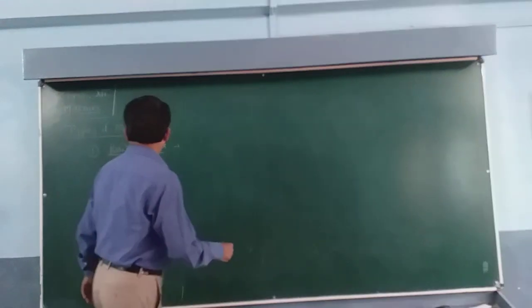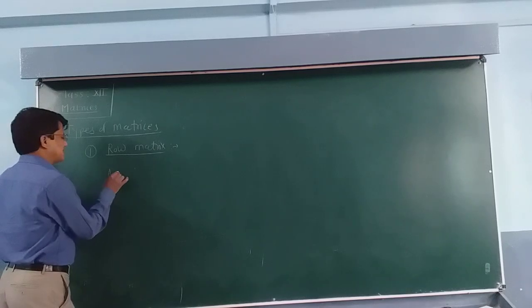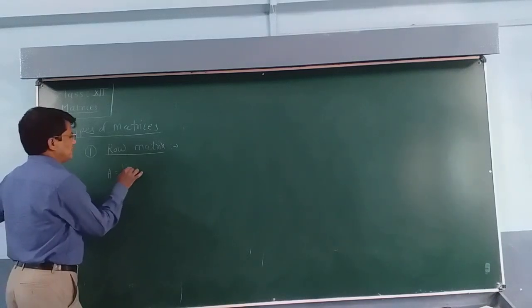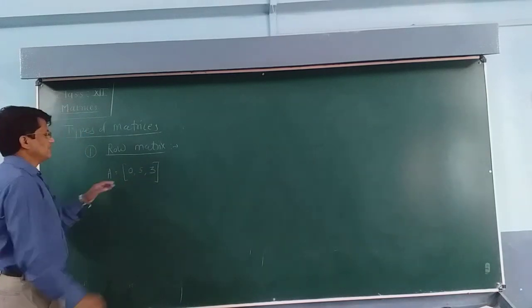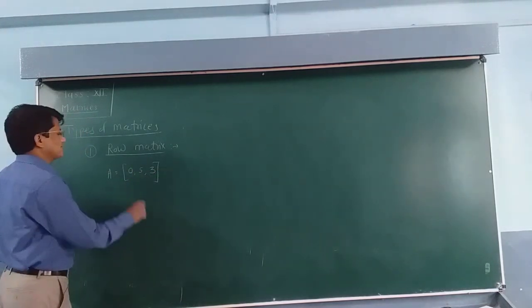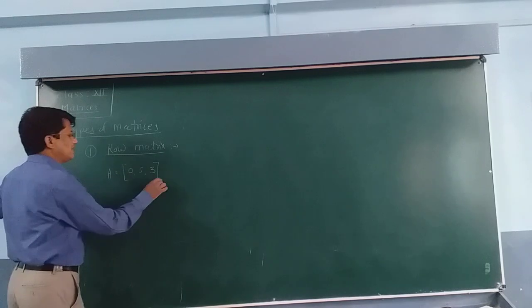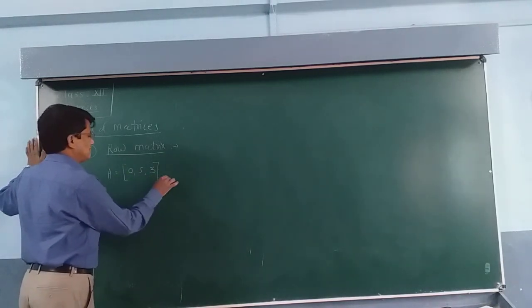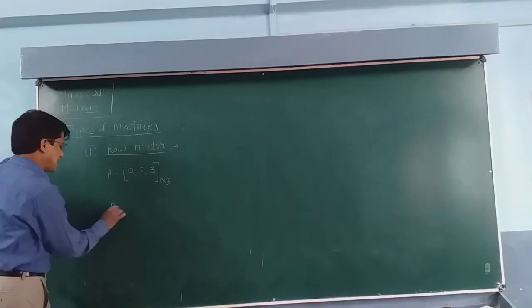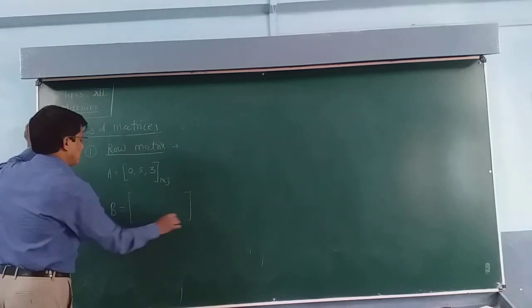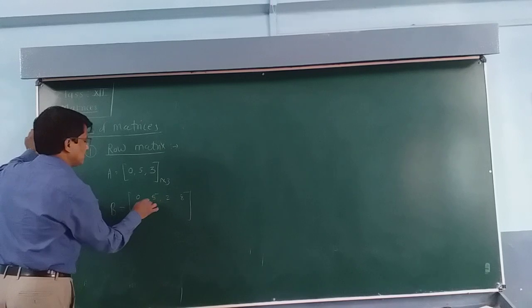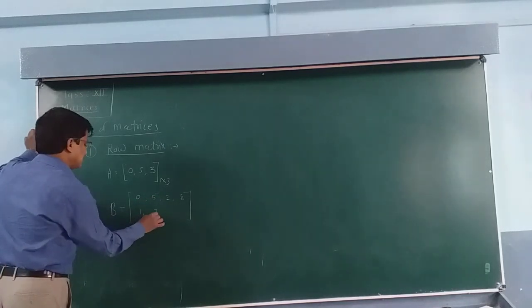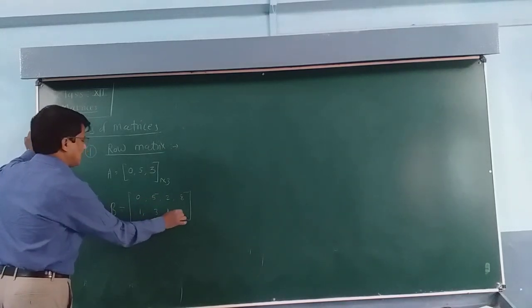For example, suppose a matrix A is given here: 0, 5, 3. This is a matrix. How many rows? Only one row. Columns are 3. Now a second matrix, suppose B equal to 0, 5, 2, 8 and 1, 3, 8, 1.